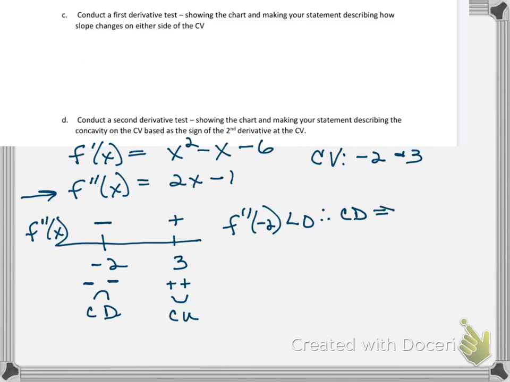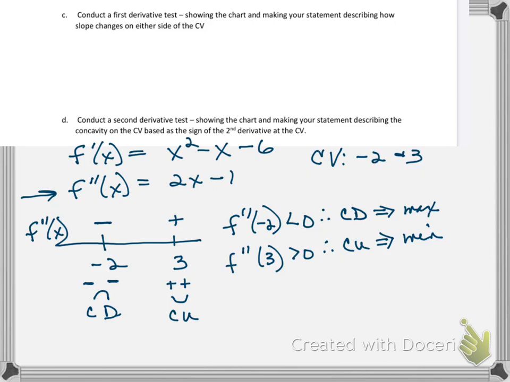That's going to give me a max. Then continuing, f prime prime of 3 is greater than 0, therefore my function is concave up, and that's going to give me a min. Now if you look back at your part C, you see that it affirms what we discovered by the first derivative test.